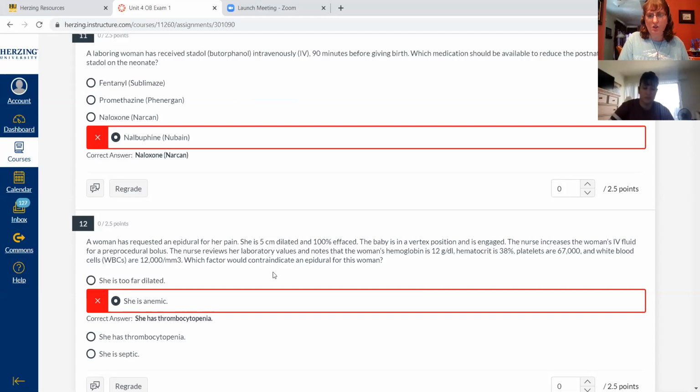Which factor would contraindicate an epidural now? So it's going to be her platelet count, this 67,000. This is low. So again, review some lab type stuff, because if you don't know that stuff, that's a big problem right now.